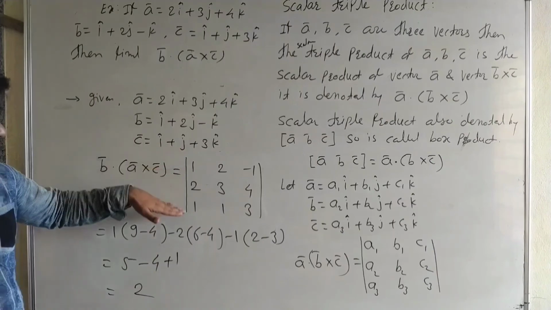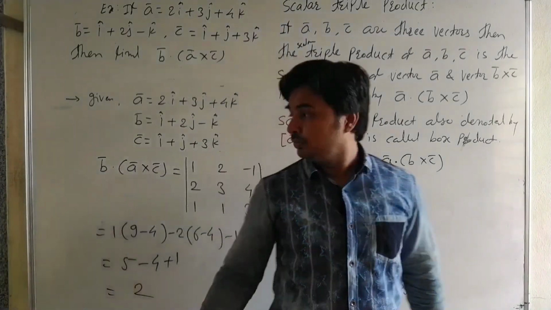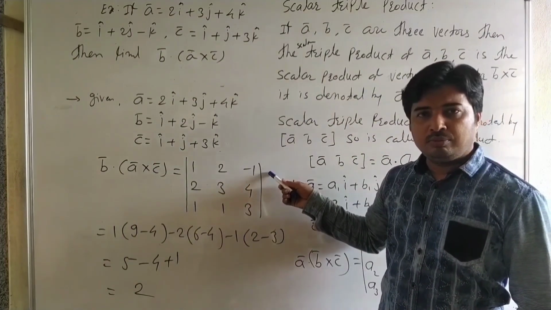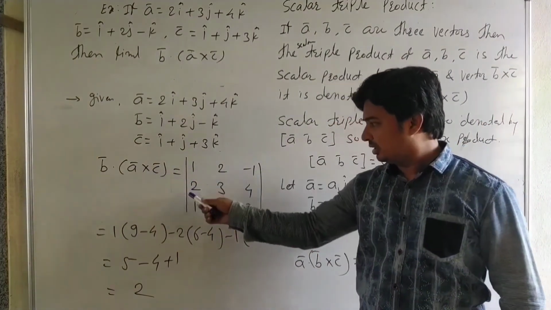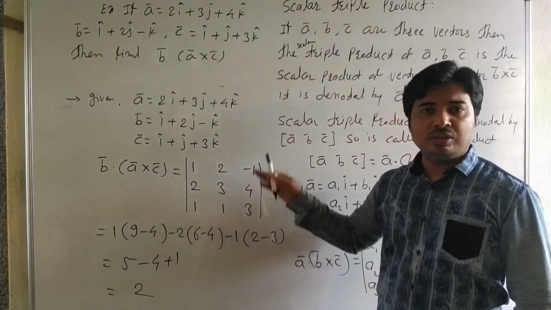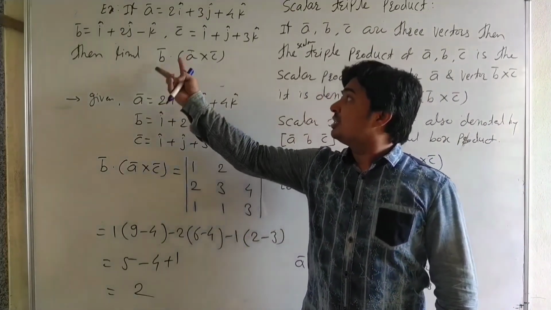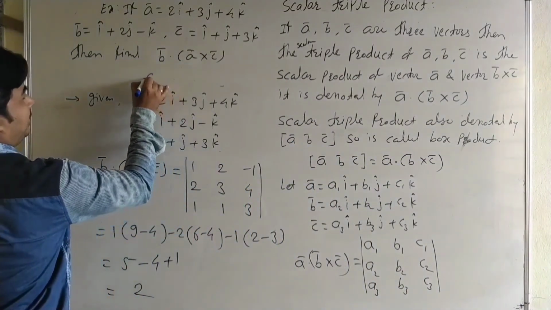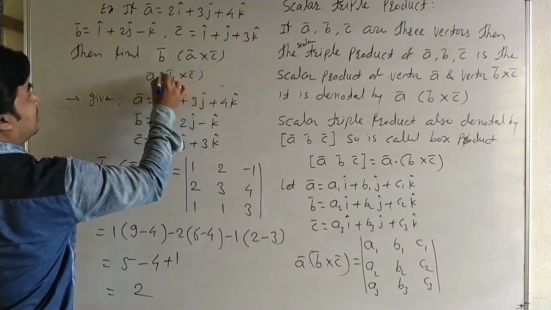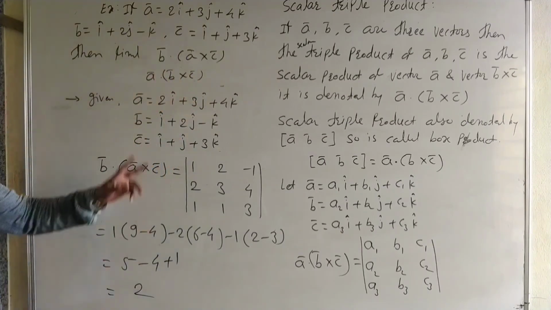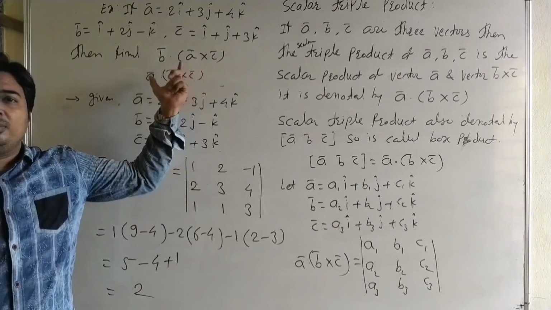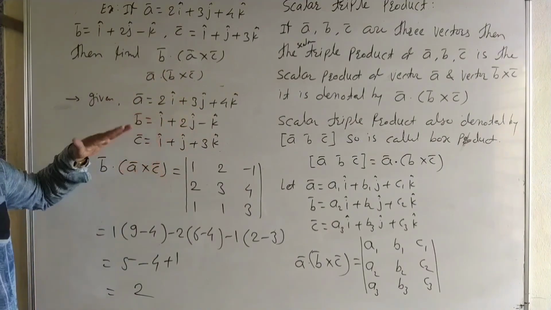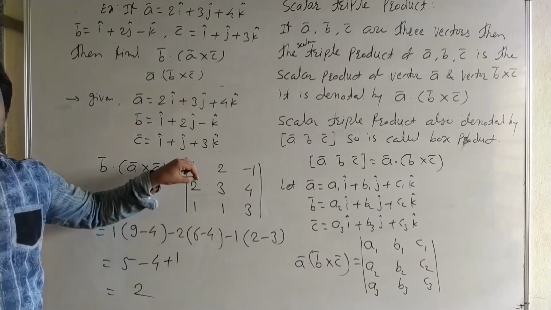That means in the scalar triple product, order is very important. The first vector gives the first row of the determinant, then the second and the third. Here we interchange A and B. First we found A bar dot B bar cross C bar, and here A bar and B bar are interchanged. In a scalar triple product, a single interchange of vectors changes the sign of its value.